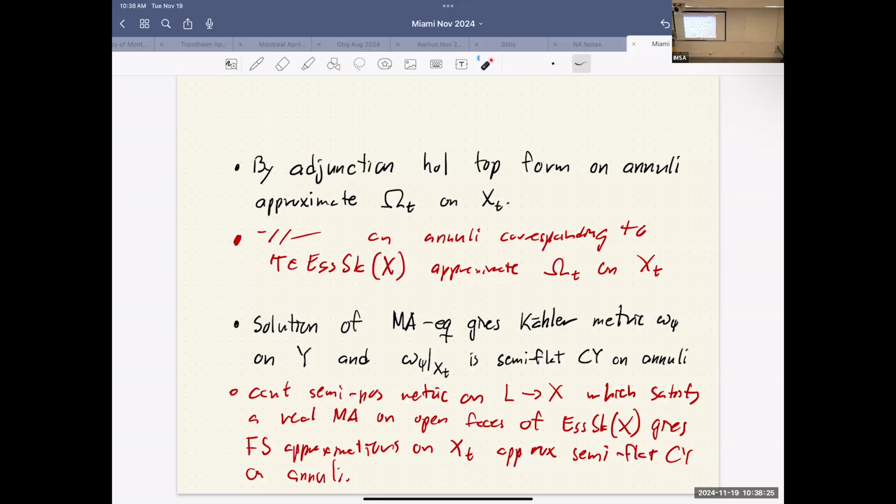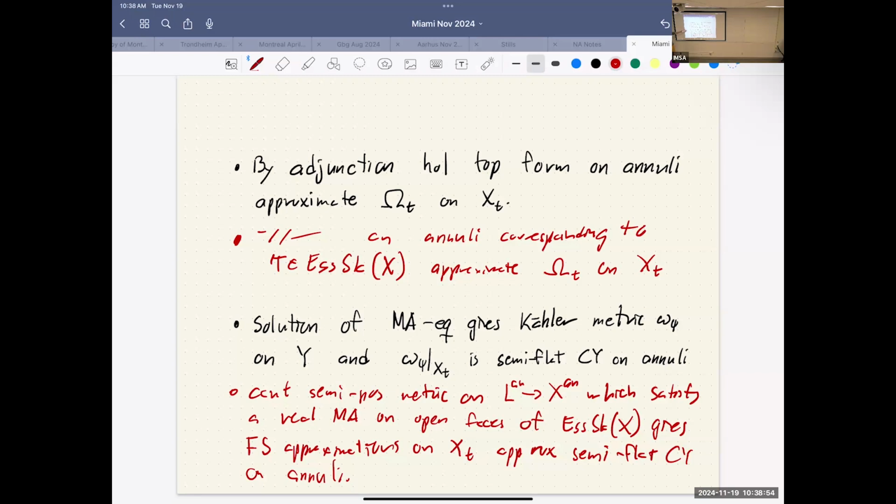Those you can use to pull back these non-Archimedean objects. Sorry, I should probably say that what I'm looking for here is a continuous semi-positive metric on the Berkovich analytification of these objects.